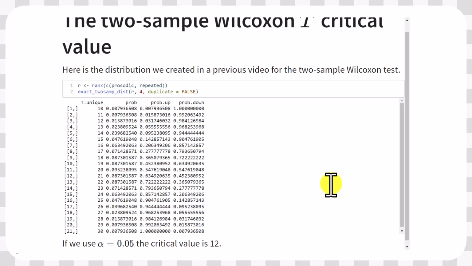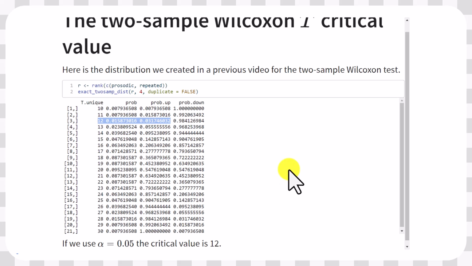The second thing I want you to keep in mind is what the critical value is going to be if we use an alpha of 0.05. So I'm not calculating the p-statistic here, I'm calculating the critical value. The p-statistic we already know is 0.016. So the critical value, I have to go all the way up here as far as I can go without going over 0.05, and I'm already over 0.05 right here. And so this is our critical value.